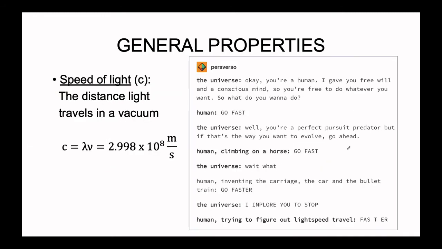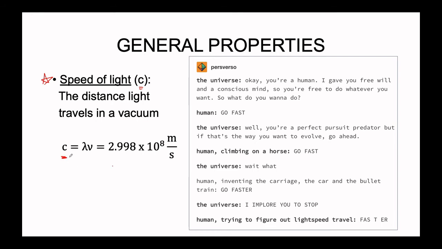All right, so this inverse relationship between wavelength and frequency is also true because of what we call the speed of light, which is represented by the variable c. Now this is the distance that light can travel inside of a vacuum. All light, provided that it is traveling in a vacuum, travels at the exact same speed.